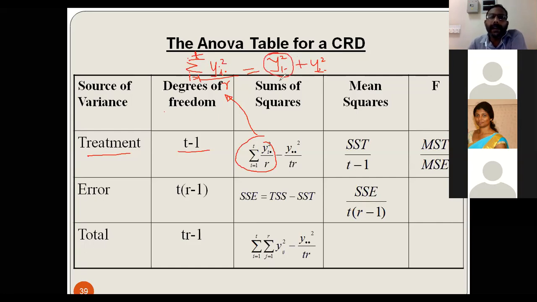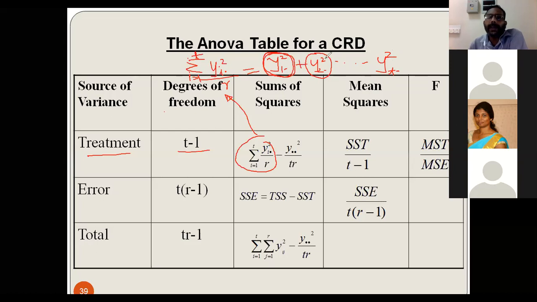What is this? Anyone? First treatment is constant. How do you call this? It is the total of the first treatment. It is the total of the second treatment. So likewise, it goes up to yt dot, because we don't know. This is a general term.